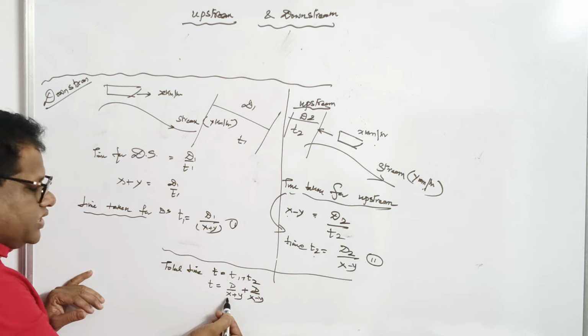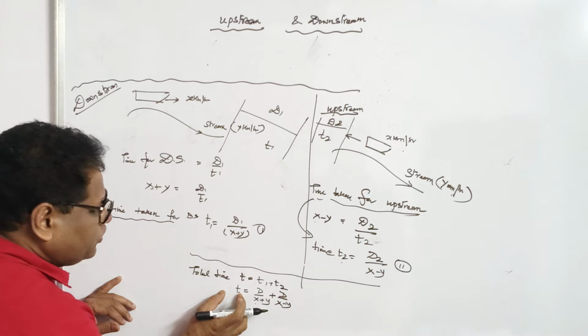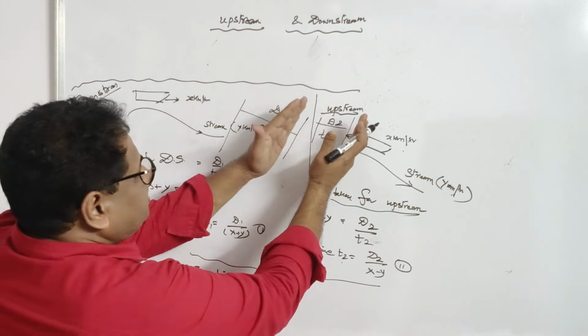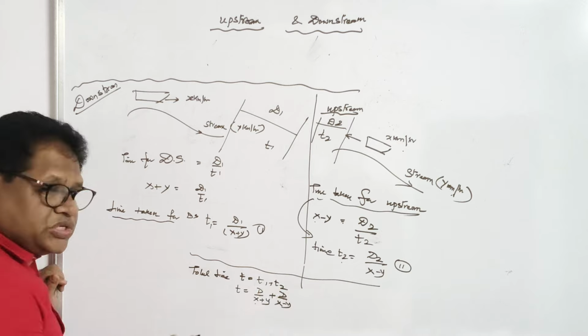You will be provided the speed of either the boat or the stream, the total time, and the distance. If both the distances are the same, you can replace d1 and d2 by d, as I have written in this equation.